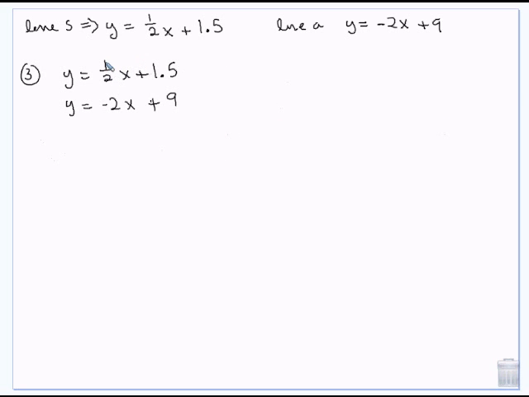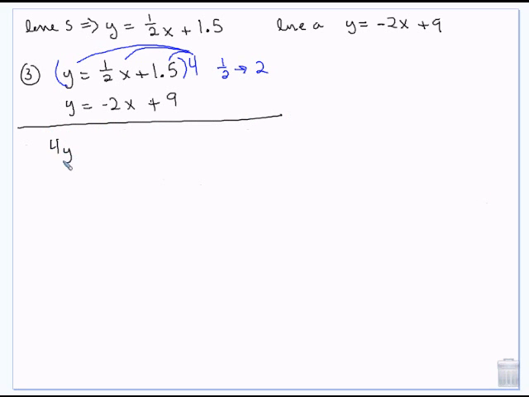Okay, I need to turn a 1/2 into a positive 2. What do I multiply it by? 4. So I have to multiply this whole thing times 4. Okay, so that means 4 times y, 4 times 1/2 x, 4 times 1.5. And what I get is a new system that says 4y is equal to 2x plus 6.